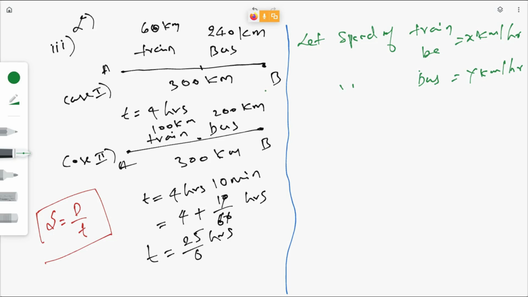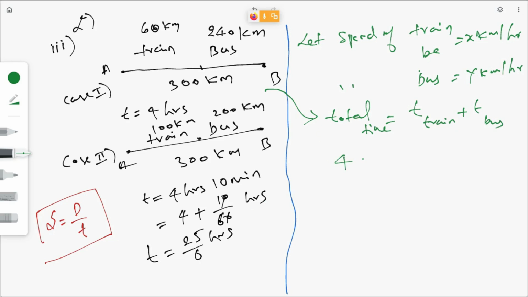From the first case, the total distance is 300 kilometers, the distance she travels by train is 60 kilometers, and then 240 kilometers by bus. Total time is equal to time taken traveling in train plus time taken traveling in bus. We know the total time is 4 hours in the first case.